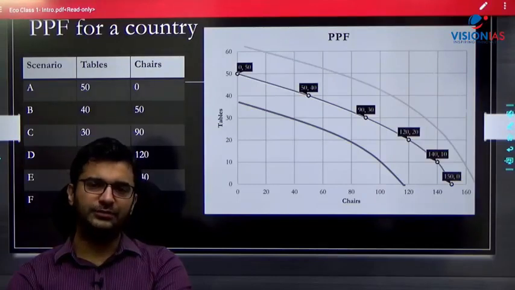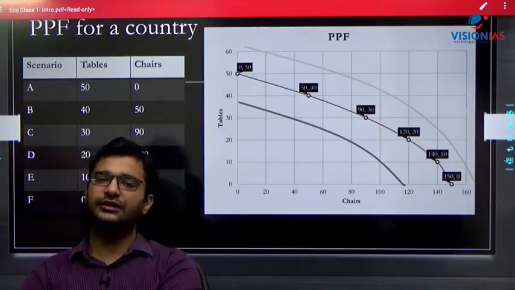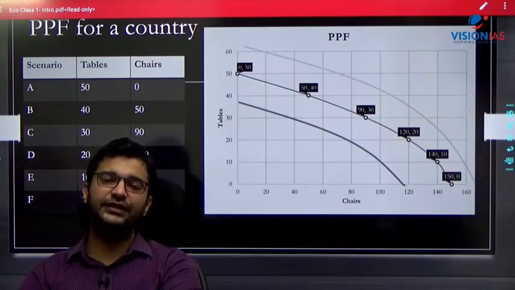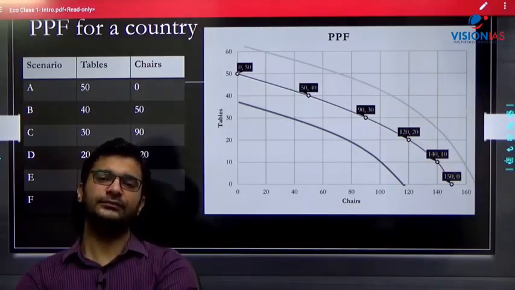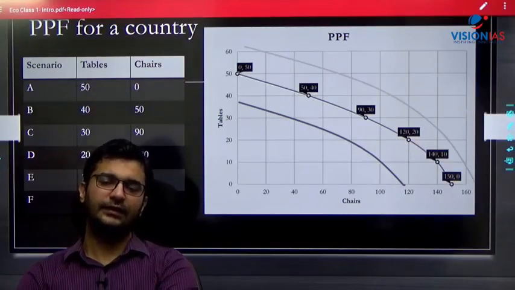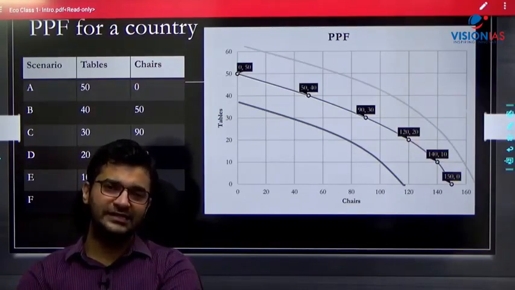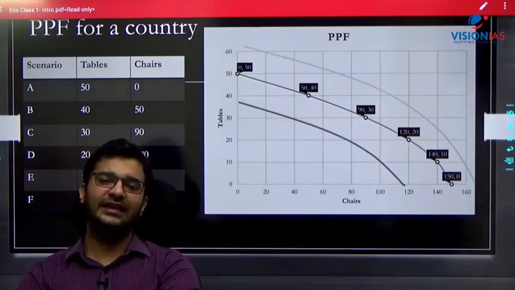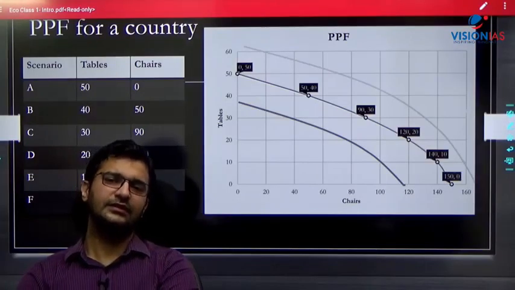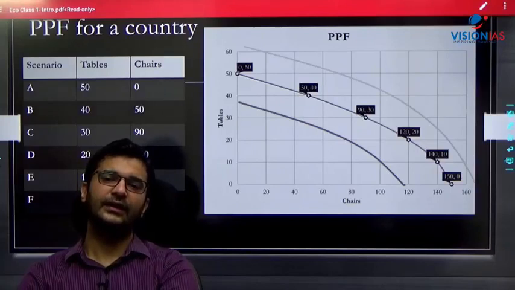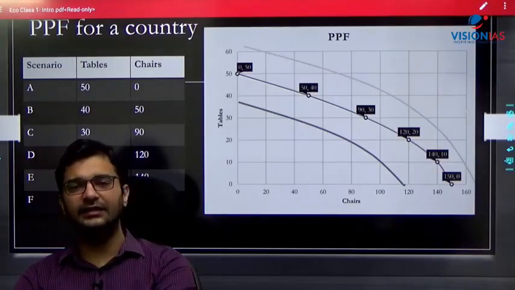Opportunity cost refers to the benefit foregone when one choice is exercised and the other is not.